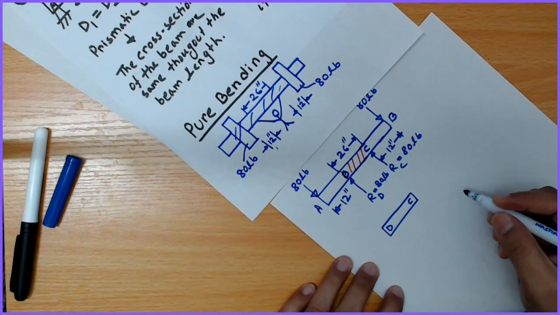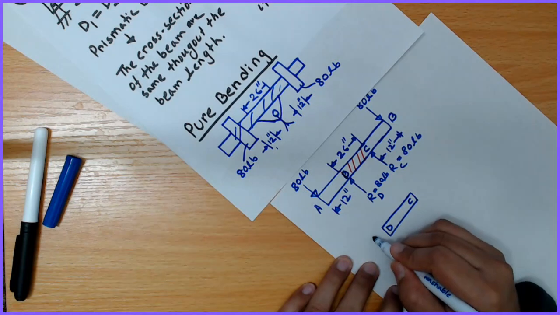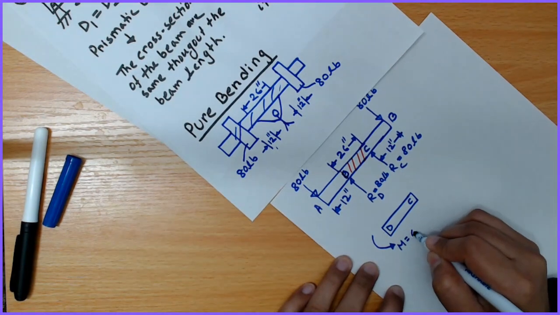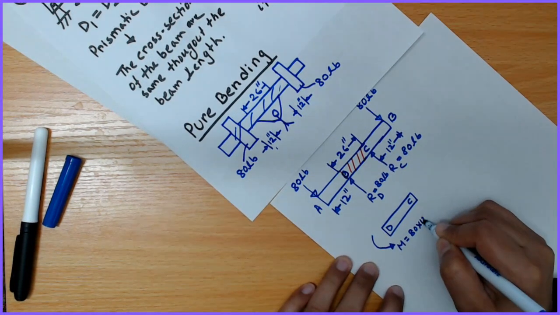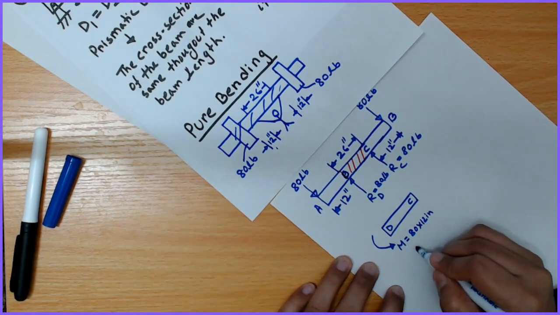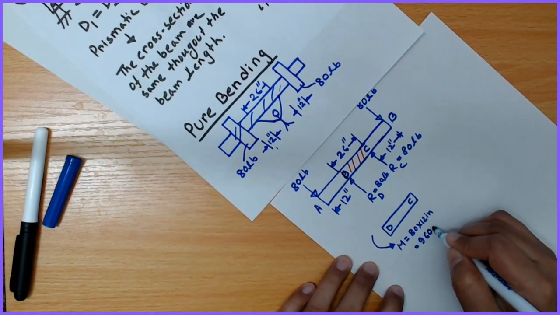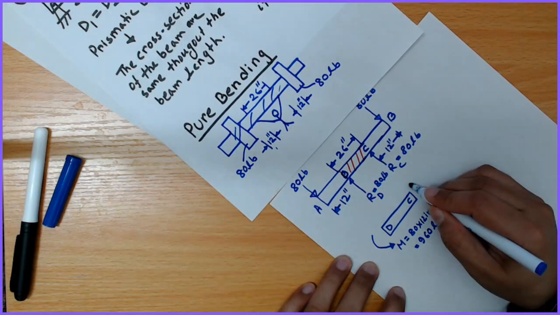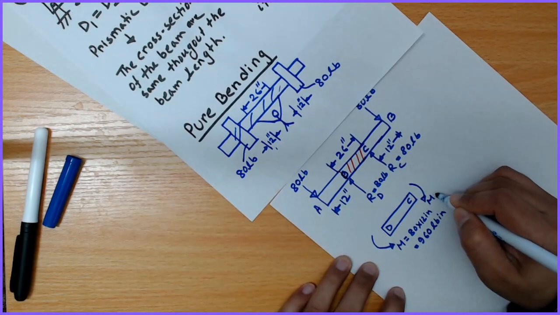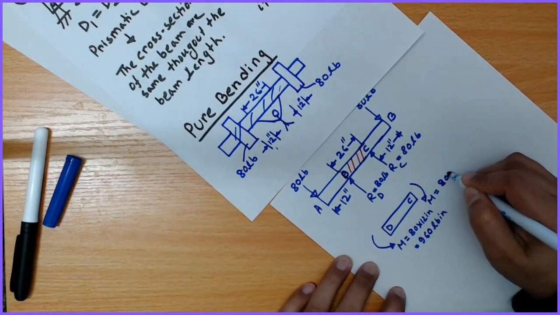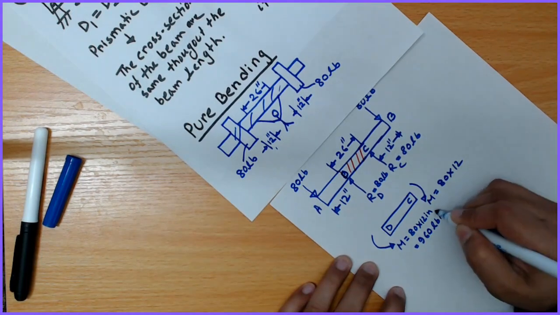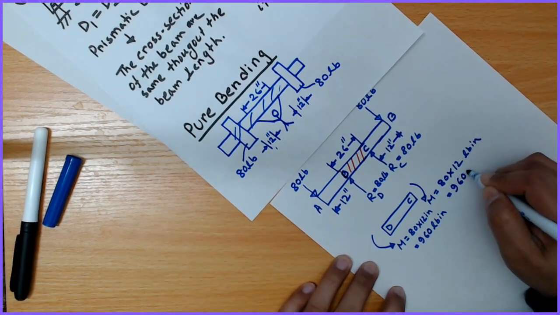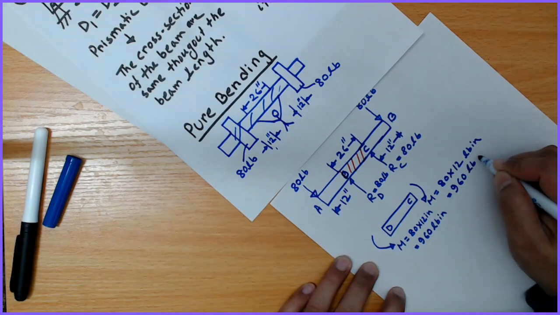now in the CD segment, the moment here is 80 multiplied by 12 inch, equal to 960 pound inch, and here the moment at C is also 80 multiplied by 12, 960 pound inch.